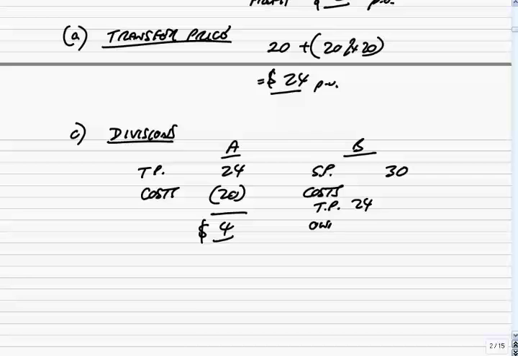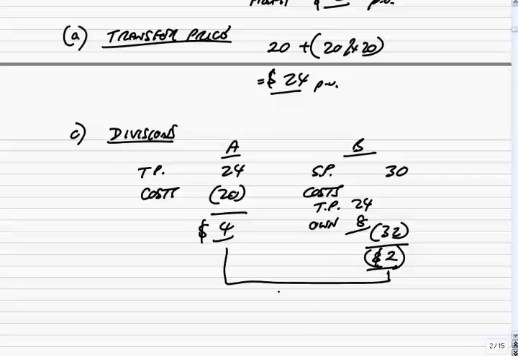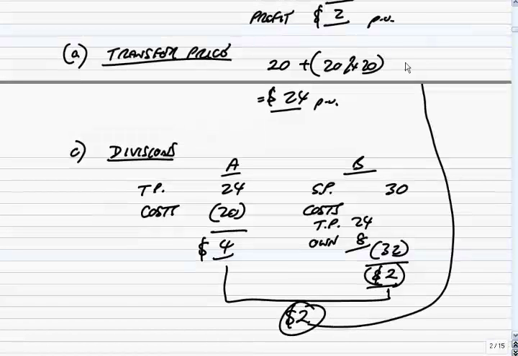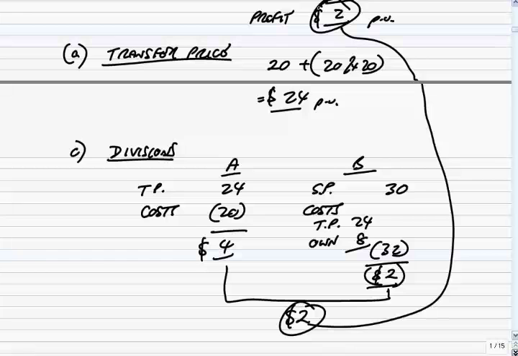They've got their own costs of 8. They make a loss of $2. And of course, in total, there's a profit of $2, which we already know is the company profit. The company makes $2. All the transfer price does is split it.